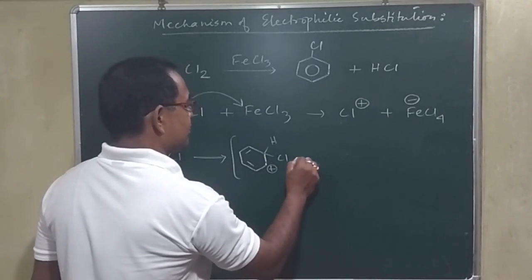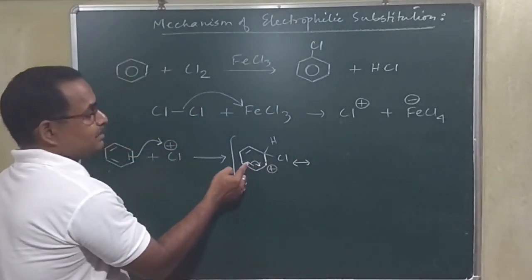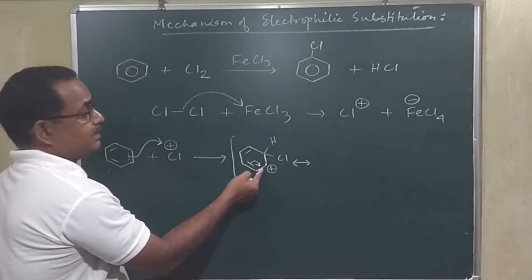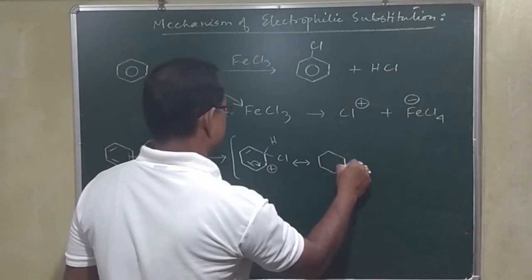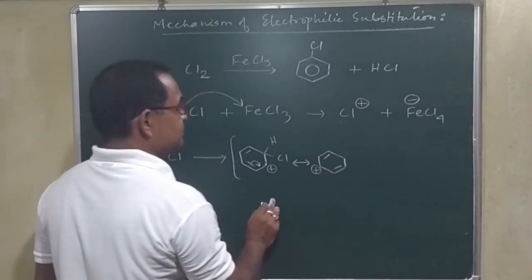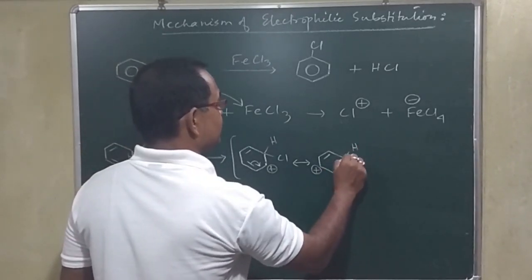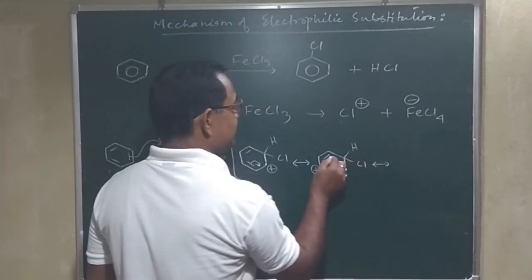Now there is a possibility of resonance. This bond, say, moves over here. In that case, the positive charge will move to this position. Another resonance possibility.